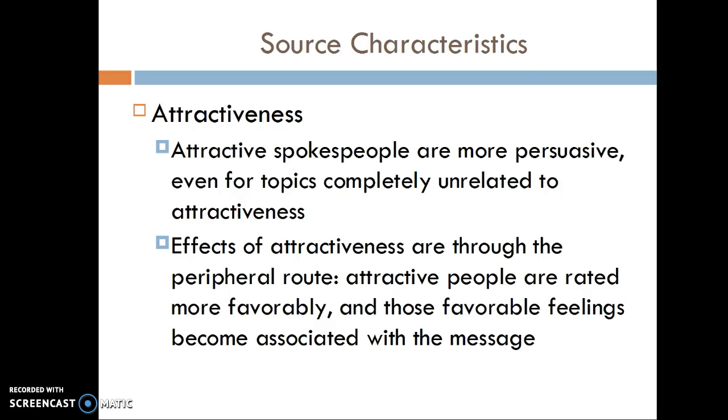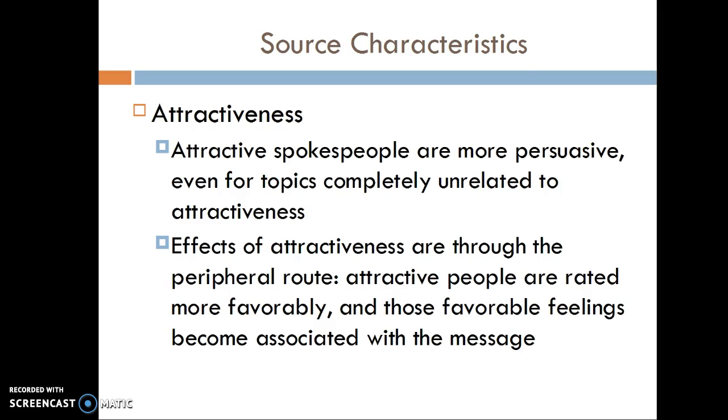And the effects of attractiveness, of course, are processed through that peripheral route. There's nothing about the way the person looks that would persuade you in a direction through some kind of deep processing, but it's more of a heuristic kind of route.